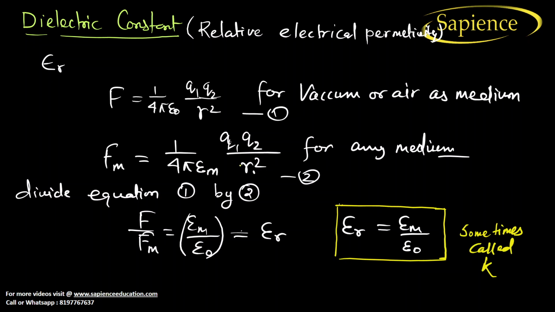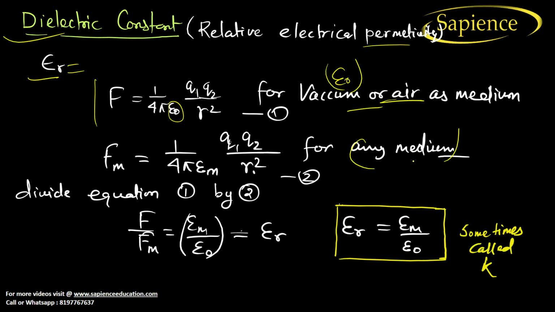Now one more important thing is the dielectric constant. What is the dielectric constant? Relative electrical permittivity. Let us consider epsilon r as the relative electrical permittivity. The force, as we have already done, is equal to 1 by 4 pi epsilon q1 q2 by r square. But when it is in air or vacuum, the permittivity is epsilon naught.